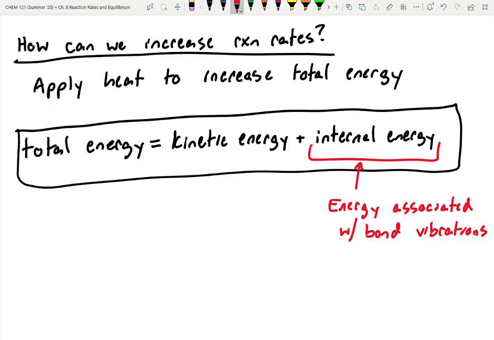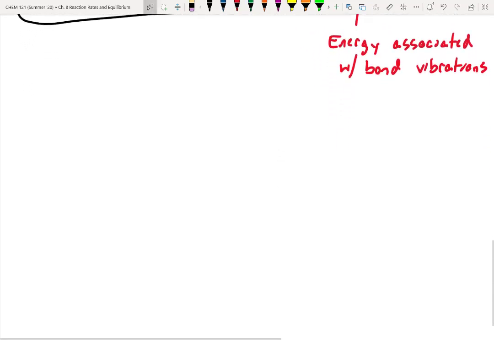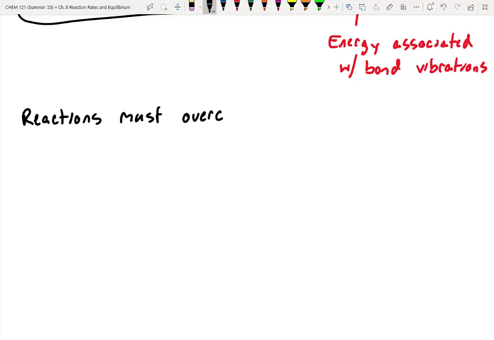Okay, so that leads me to my next part, that reactions have to overcome something called an activation energy. An activation energy is essentially like this energetic barrier preventing a reaction from occurring.